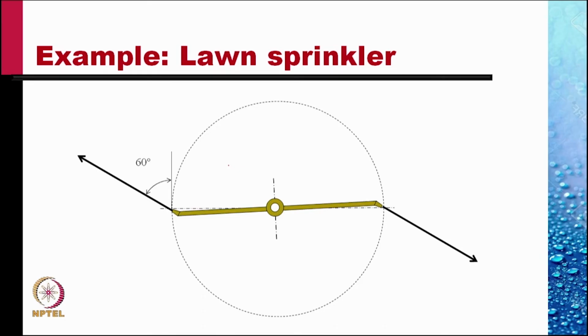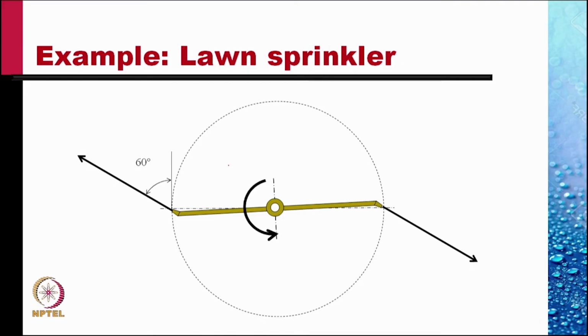The equilibrium rate of rotation would be obtained when the net torque acting on these sprinkler arms would be 0. So we have to use the momentum equation to determine what should be the angular rate of rotation of these arms so that there is no net torque acting on this sprinkler.